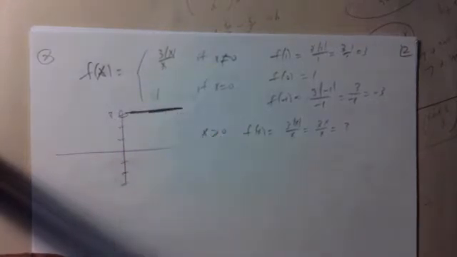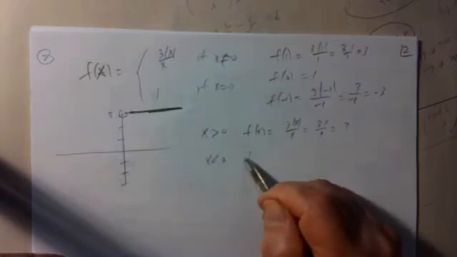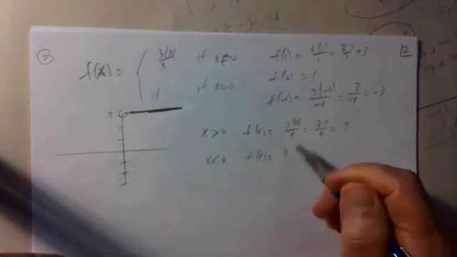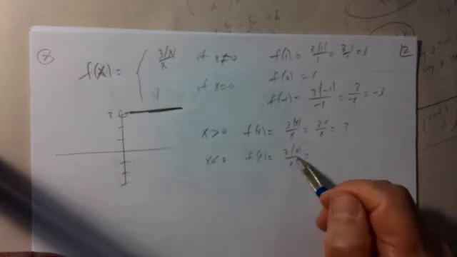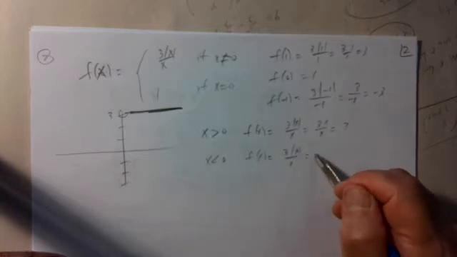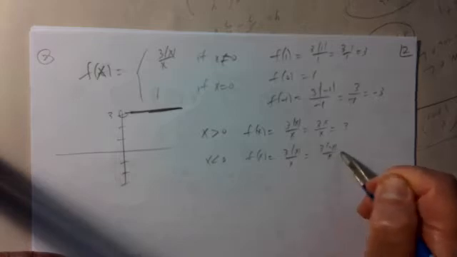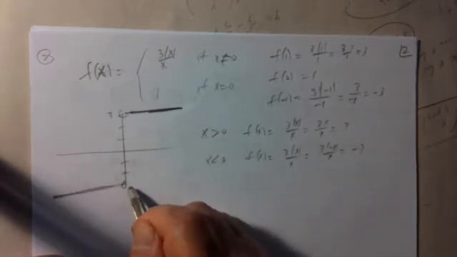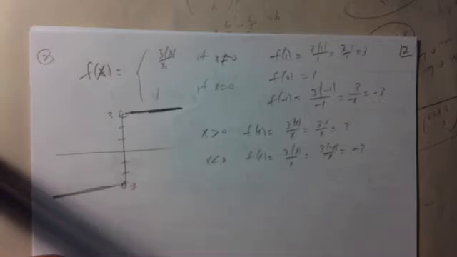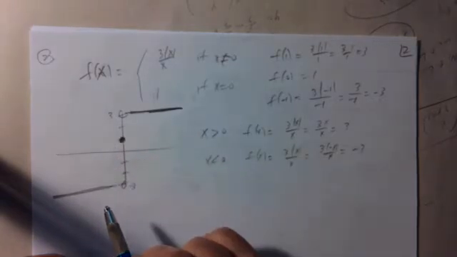So for x positive, it's this horizontal line. If x is negative, the absolute value of x is minus x. So this is 3 times minus x over x, which is -3. And when x is equal to 0 again, the value of the function is 1.